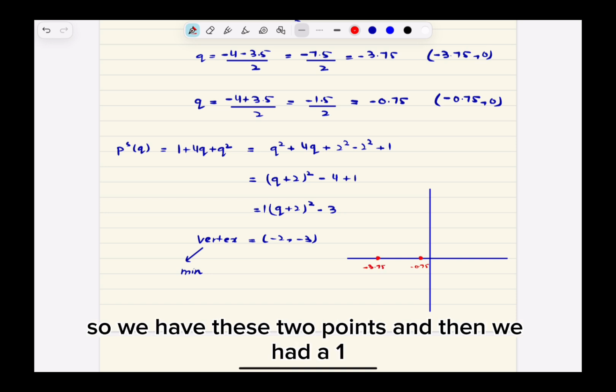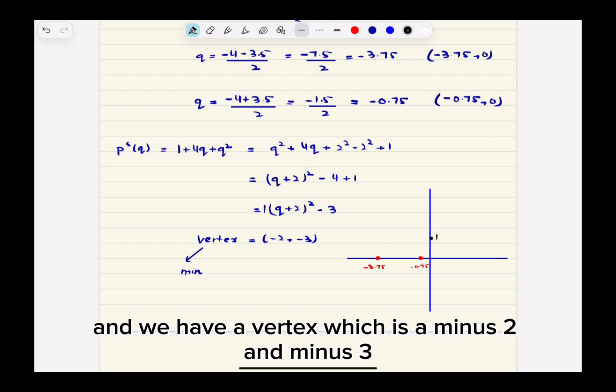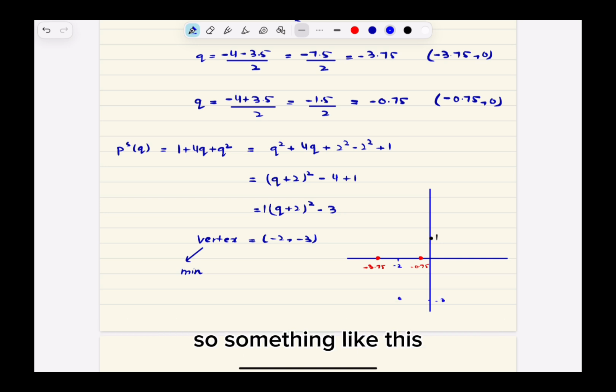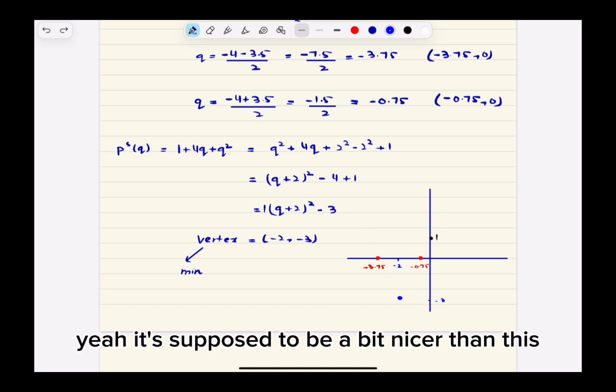So we have these 2 points, and then we had a 1. Suppose we had 1 here, and we have a vertex at (-2, -3), so something like this. And therefore we have a supply curve. It's supposed to be a bit nicer than this.